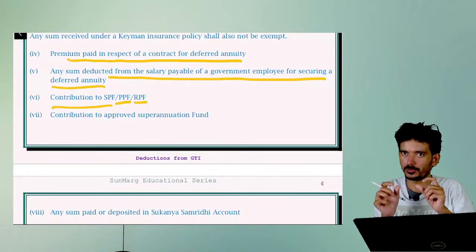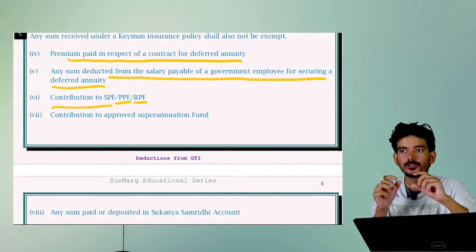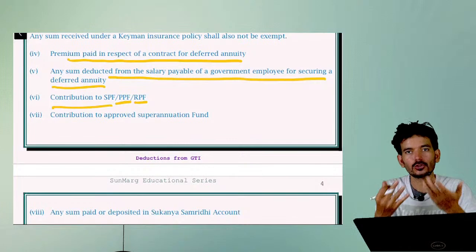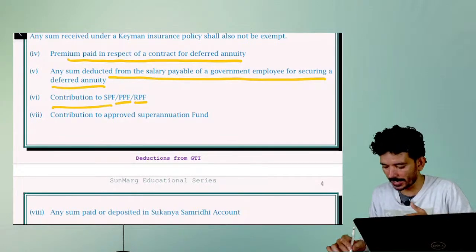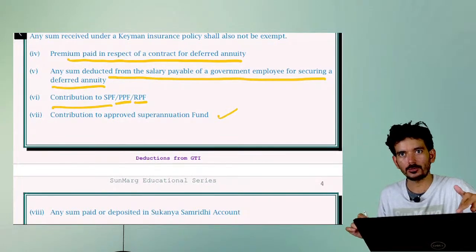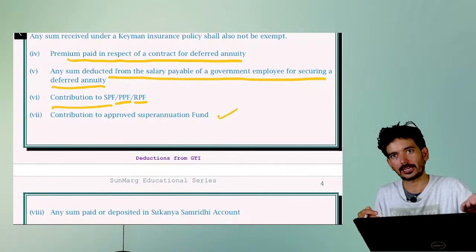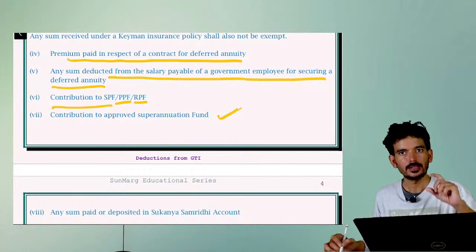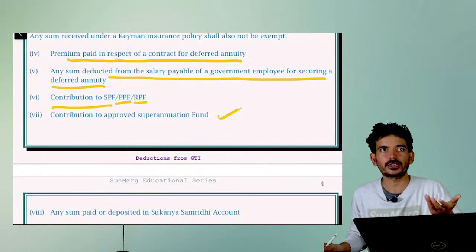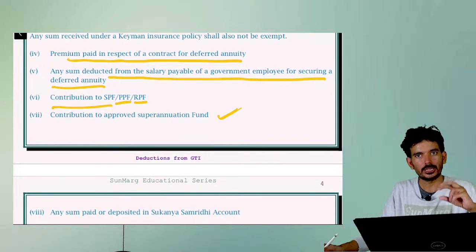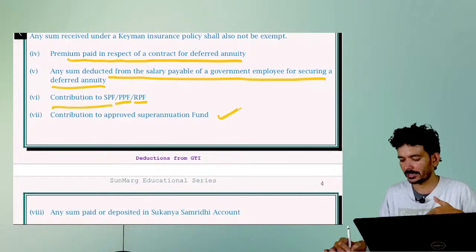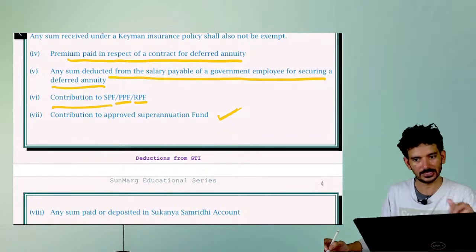Whatever the employer gives is taxable to the employee as salary income, and they get the deduction here, because they are contributing out of this taxable salary only. Again they will take the deduction under section 80C.